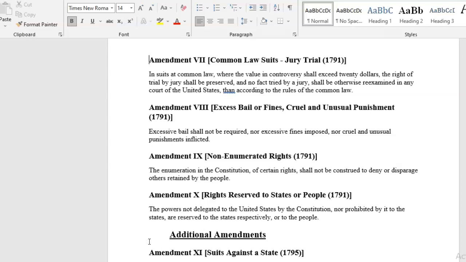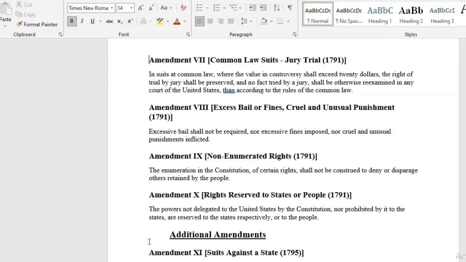There's common law, there's equity law, maritime law, admiralty law. There are different kinds of law, and we're going to get into that and teach you about those as well. But the common law is really our greatest protector and really the basis of all law in this country.